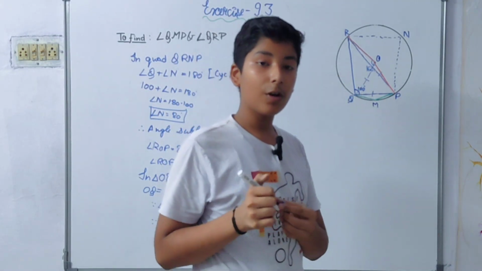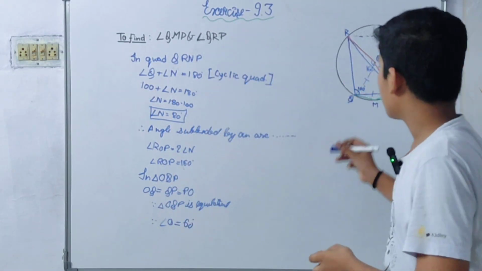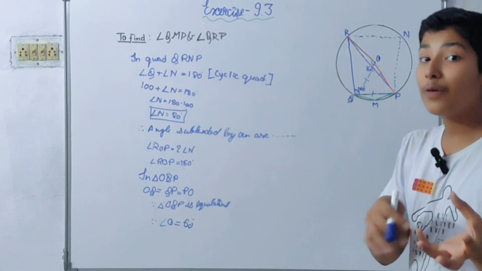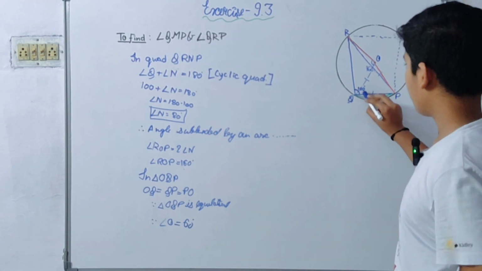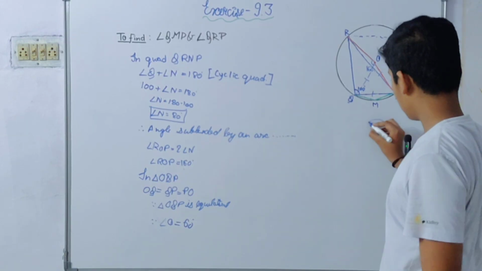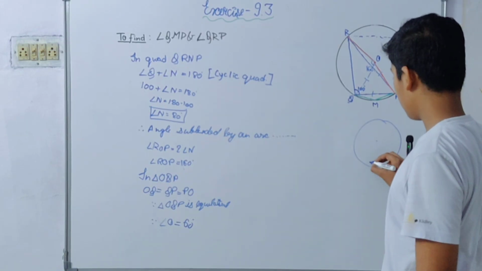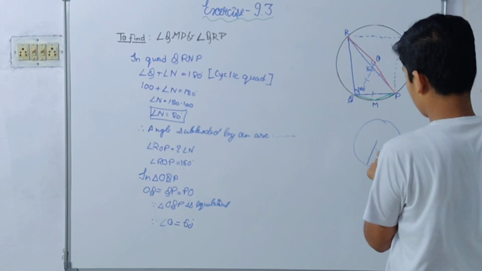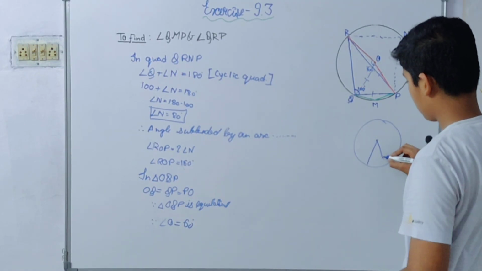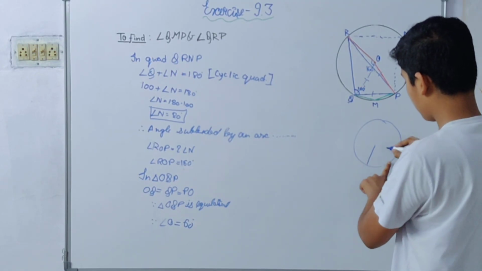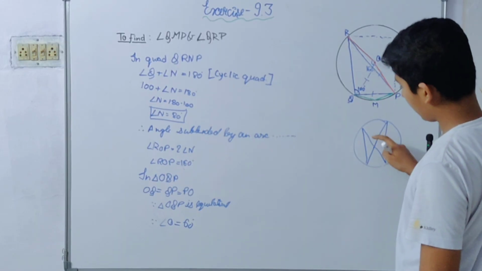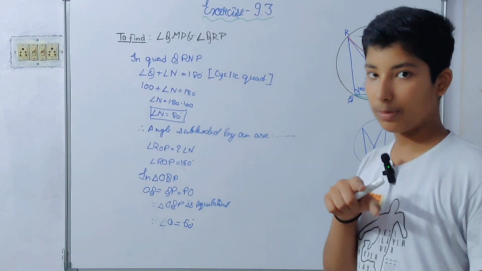So we all know that angles in same segment. You also know angles in same segment. What is it? For example, this is a circle, and these are in the same arc, so these two angles will be equal.